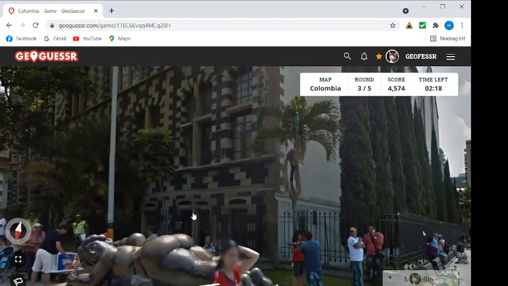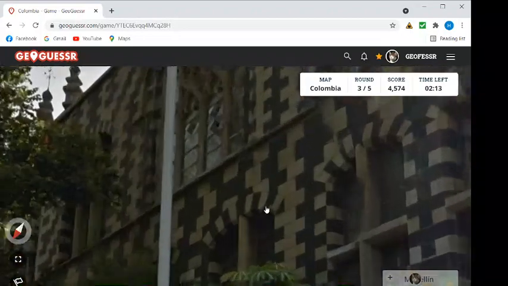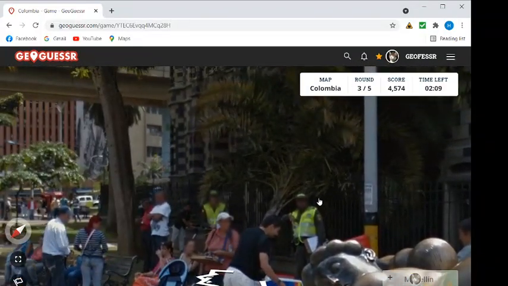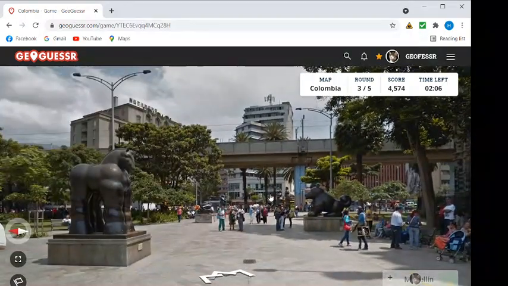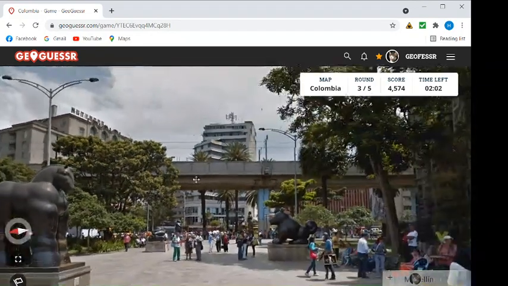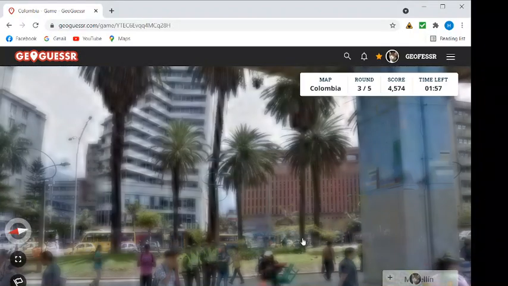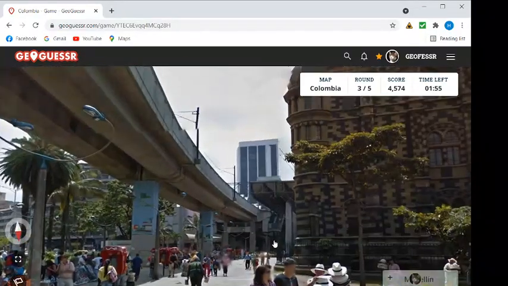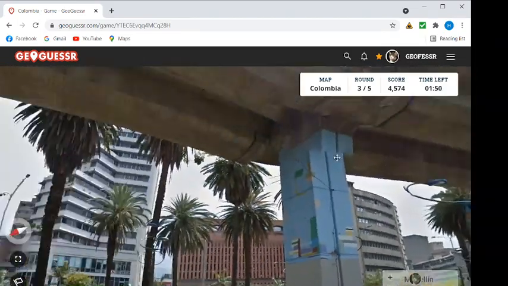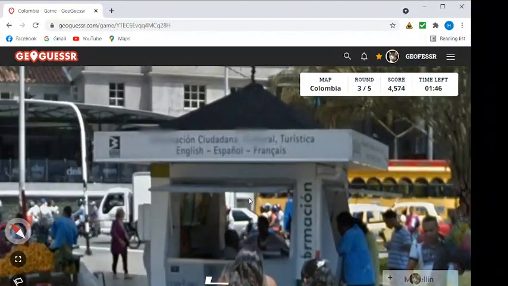Okay, we have this building. Nutibora. Oh, there's a transit line that would give us, right, that or that might just be a freeway overpass, but no, I think that's okay.